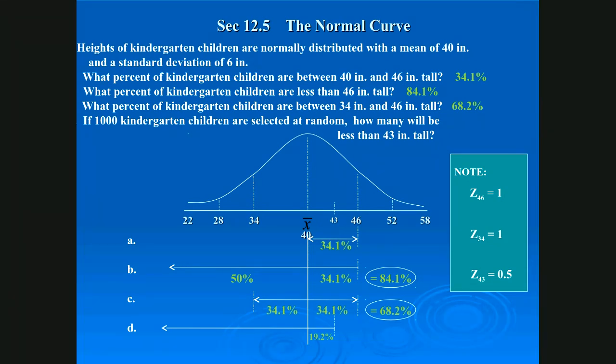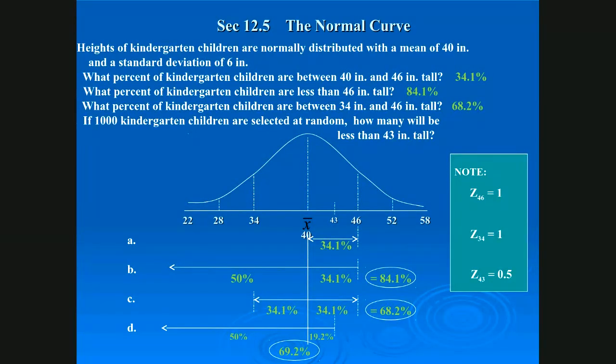And we know we have 50% of our children below 40 inches in height. And so we have this 19.2% plus 50%. We have about 69.2% of our children that are less than 43 inches tall.